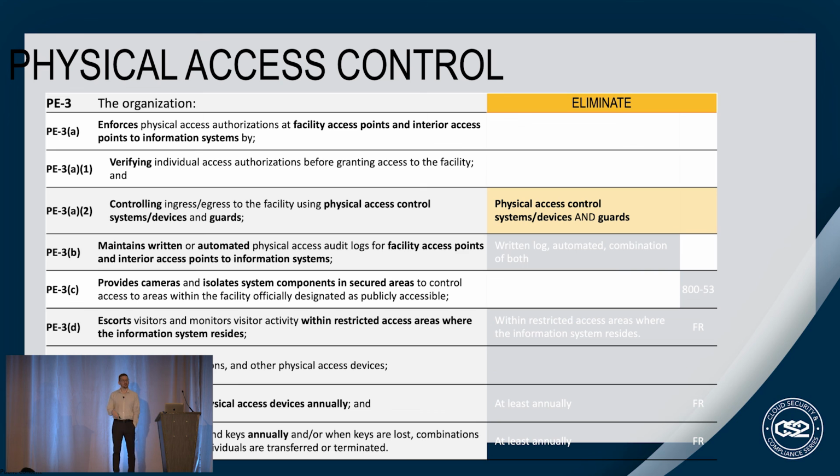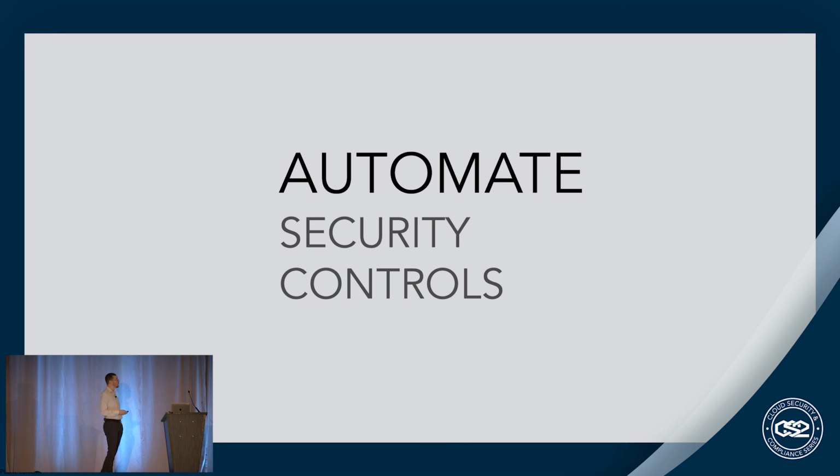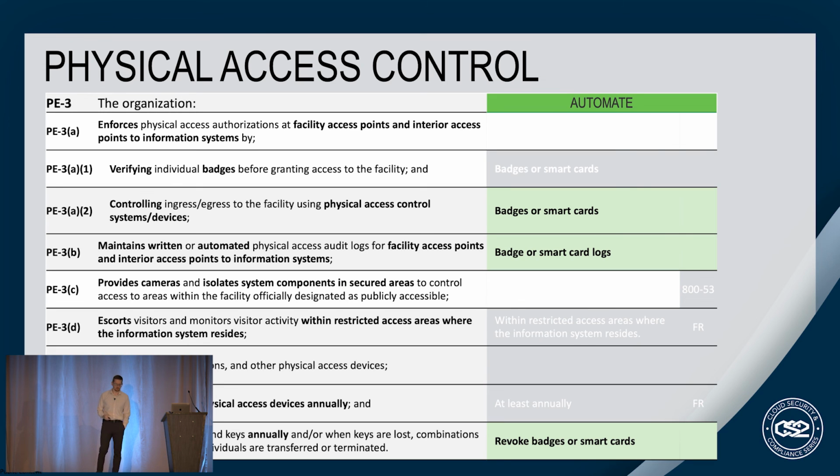And so if I was to take this and say, okay, I'm not going to do guards because from a FedRAMP moderate equivalency perspective, I've got guards where I need them, then I can collapse that to physical access devices or guards. And now that's a little bit less robust of a control. So let's just drop down to physical access devices themselves. If we're going to automate security controls, back up in PE-2, which was the authorization control, we were told that we could use all sorts of automated systems in order to do building access.